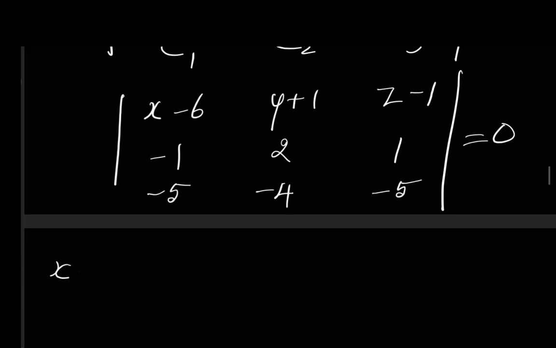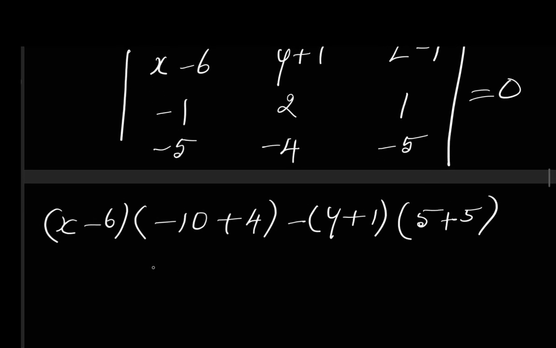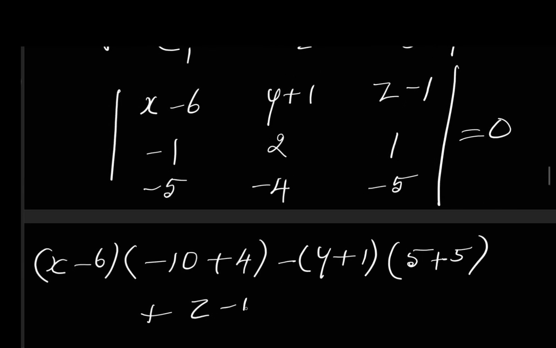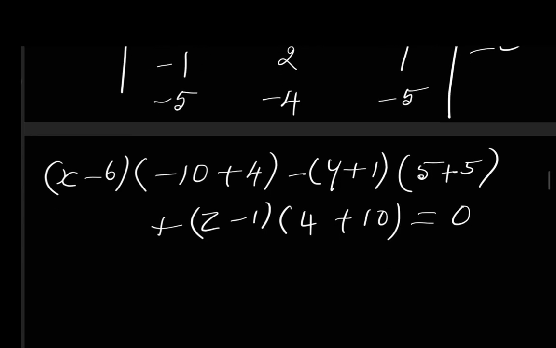So x minus 6 into, leave off this row and column, minus 10, minus of minus 4 plus 4, minus y plus 1 into, leave off this row and column, 5, minus of minus 5 plus 5, plus z minus 1 into plus 4 minus of minus 10, this is plus 10, is equal to 0.